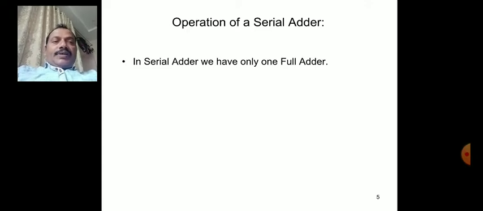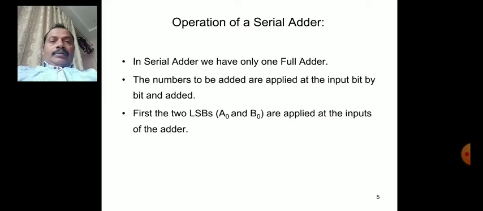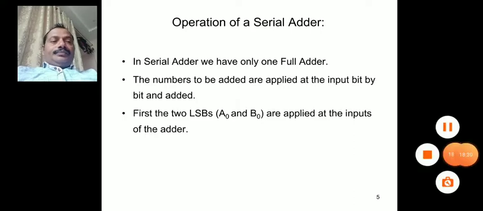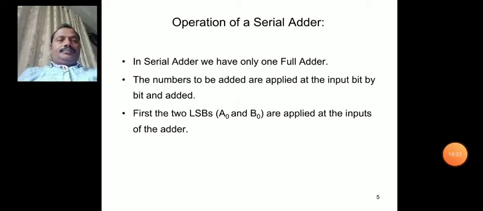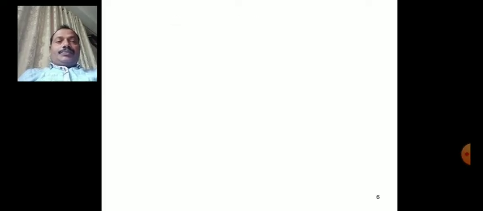So, the operation of a serial adder. We know the serial adder has only one full adder. The numbers to be added are applied at the input bit by bit and added. First, the two LSBs are applied at the inputs of the adder. We get the sum S0 and carry C0.